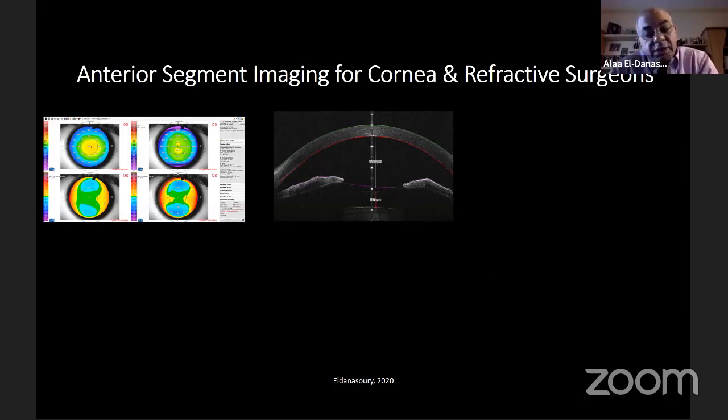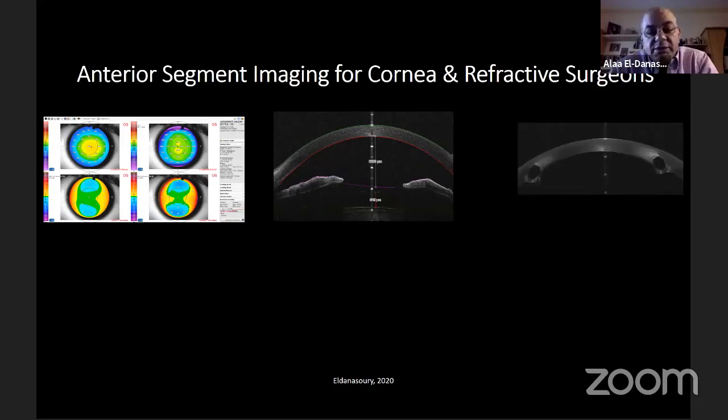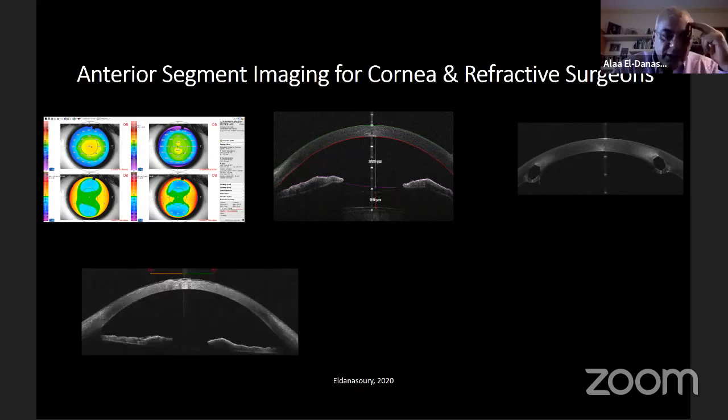Intracorneal ring segments now is a big thing, and many of us are using this. Having an anterior segment OCT is extremely important, and I cannot imagine doing intracorneal ring segments without anterior segment OCT. Though we were doing this in the late 90s, nowadays I don't think you can or you should do intracorneal ring segments without having access to an anterior segment OCT.